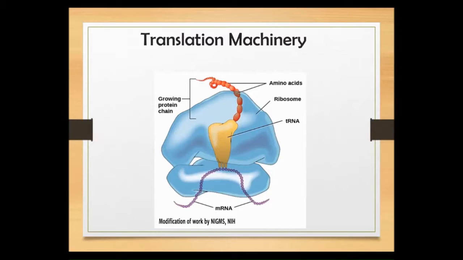Once our messenger RNA leaves the nucleus, goes to the cytoplasm and to a ribosome, we're ready to undergo the process of translation. There are some other parts, some pieces, some machinery that we have to include in the process of translation. So I'd like to cover those here before we put all these pieces together. First of all, we notice that we've got our messenger RNA strand here, and we already know the backstory of this.